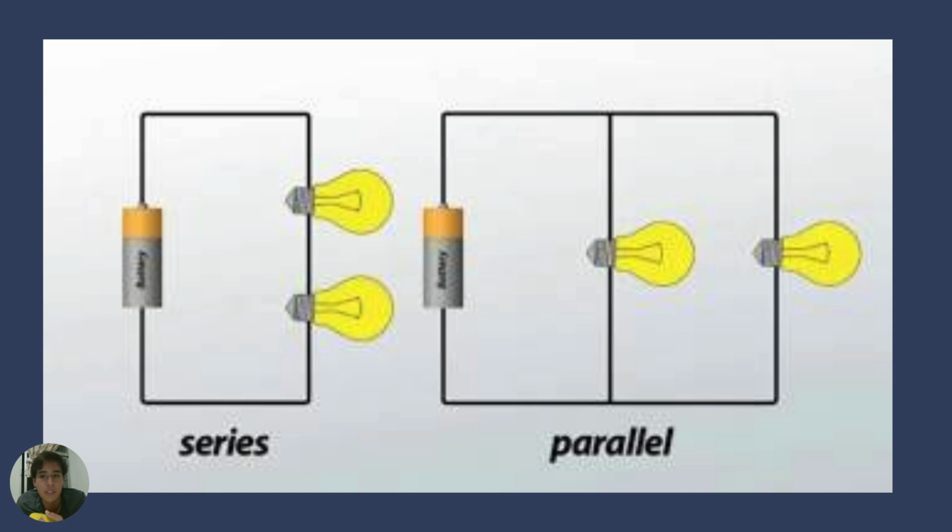The power source is the battery, and it is next to two elements. The current has only one path to follow. This means that if one element breaks or is disconnected, the entire circuit opens and stops working.